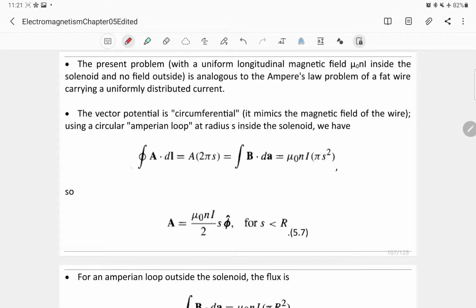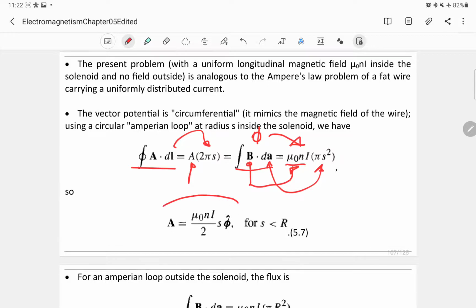So we have this one, and of course this is equal to phi, which is given by this, and this is your magnetic field, and the area of the Amperian loop. And this one is of course your A, and your dl is the circumference of the Amperian loop. So therefore you get a vector potential of this form inside the solenoid.